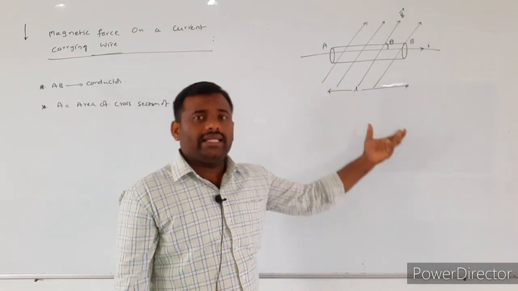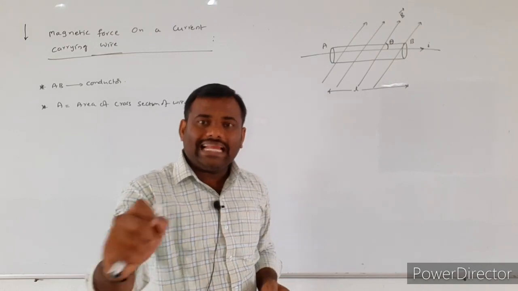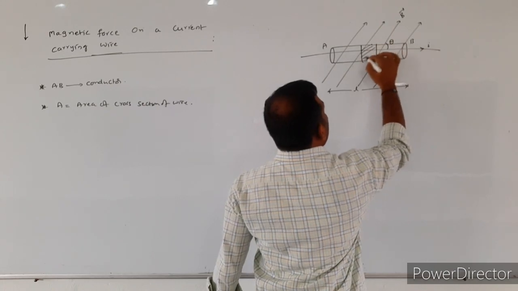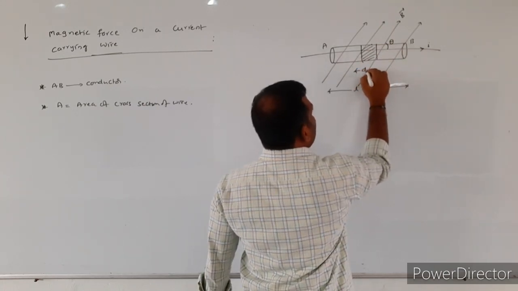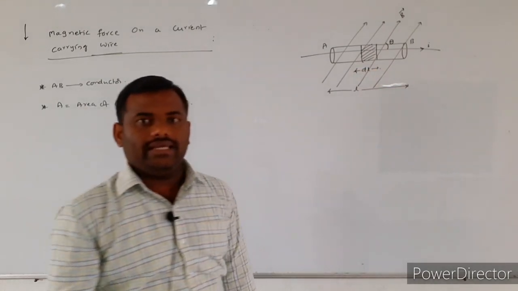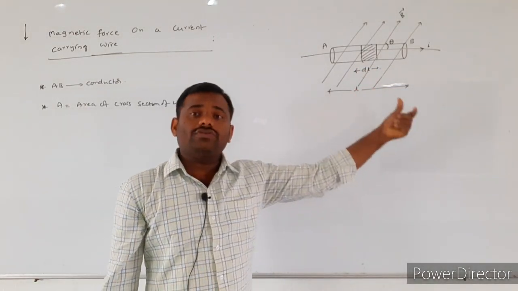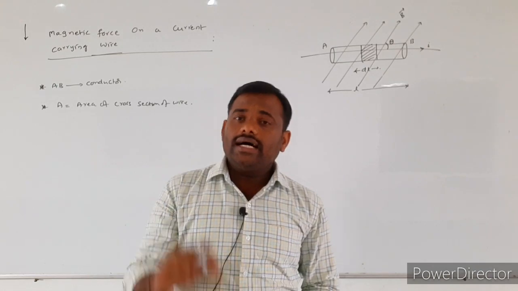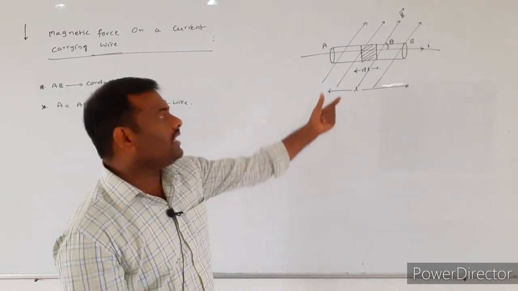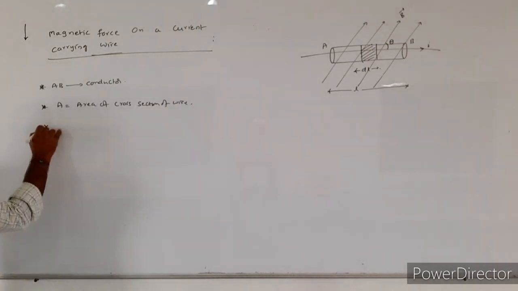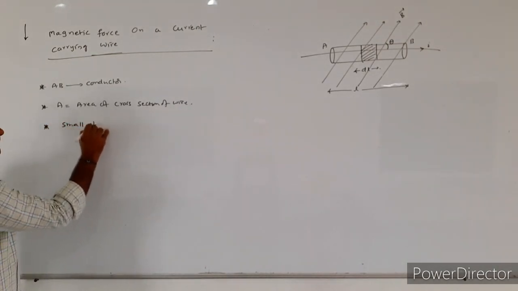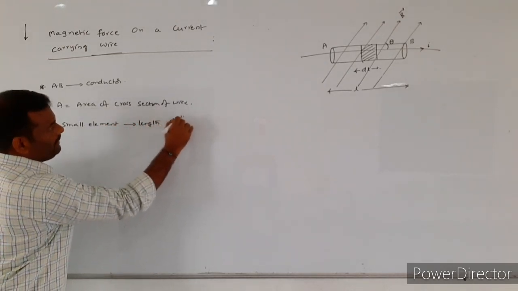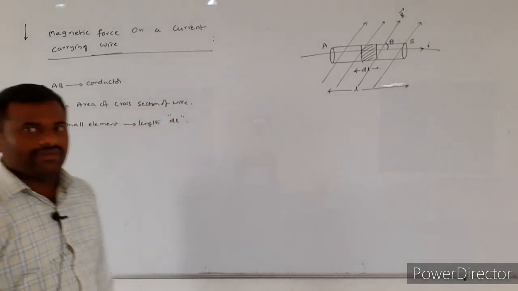Before calculating the total force acting along the complete length of the wire, I consider a small portion of the length, a small element whose length will be taken as dl.